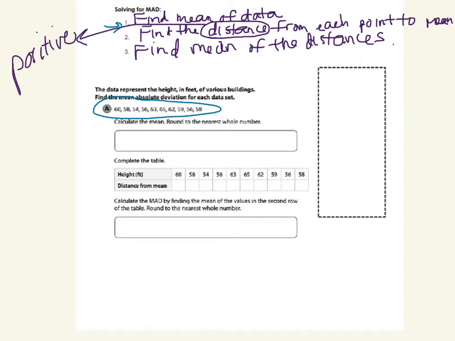So, I'm going to write out in this box, this is kind of small, but 60 plus 58 plus 54 plus 56 plus 63 plus 65, 62, 59, 56, 58. That should fit better in yours. So I'm going to add up all of those numbers.